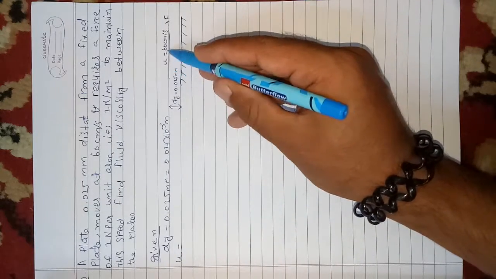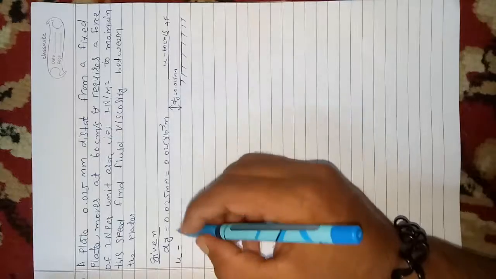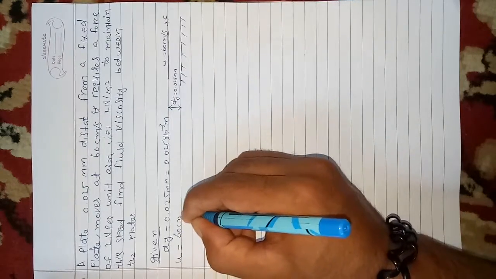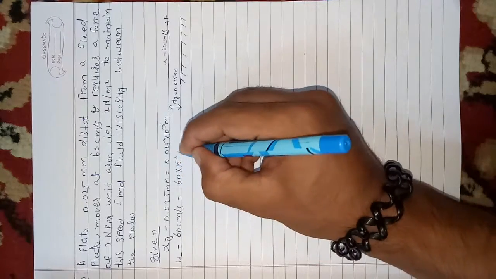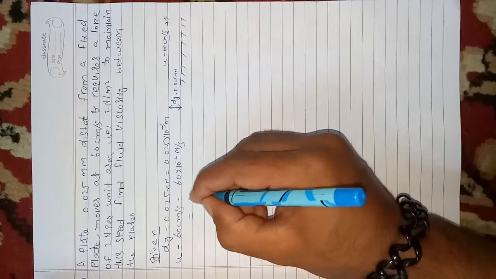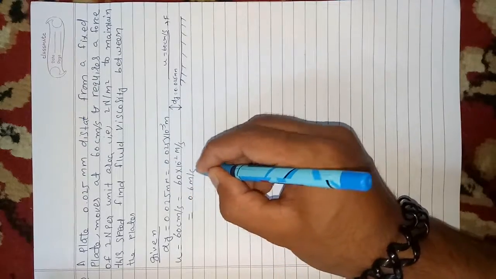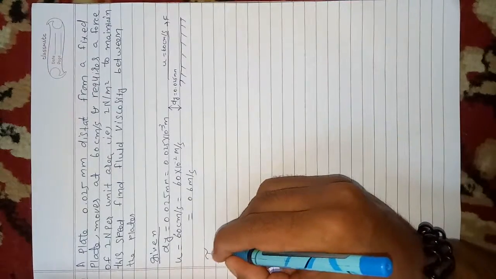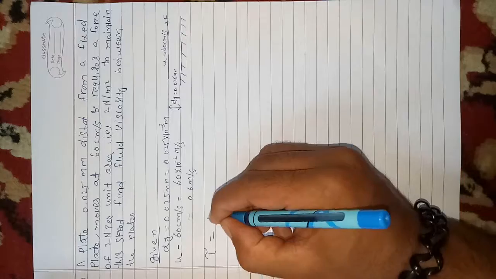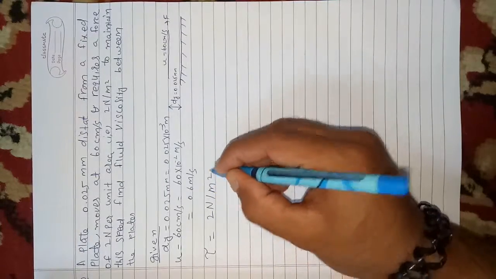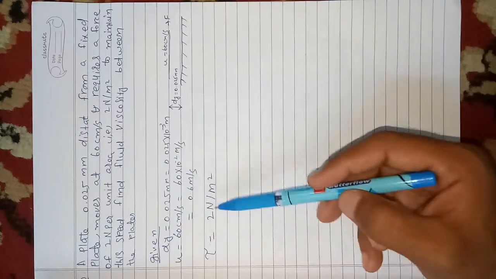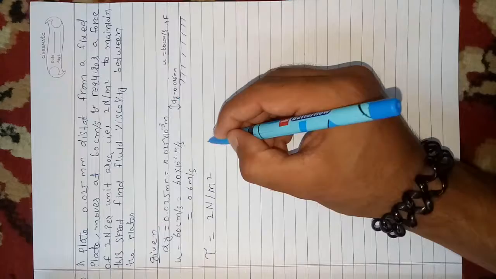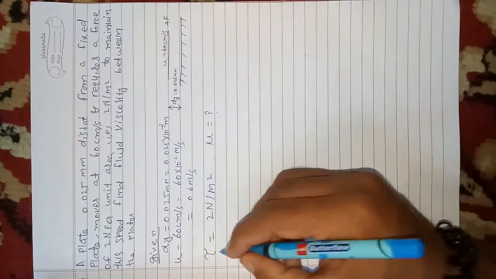One has 0 velocity and the other has 60 centimeter per second, so the relative velocity will be 60 centimeter per second. This will be 60 into 10 power minus 2 meter per second, which is equal to 0.6 meter per second. And tau, the shear stress, is given as 2 Newton per meter square. Shear stress is force by area, so it needs 2 Newton per unit area, that is 2 Newton per meter square.